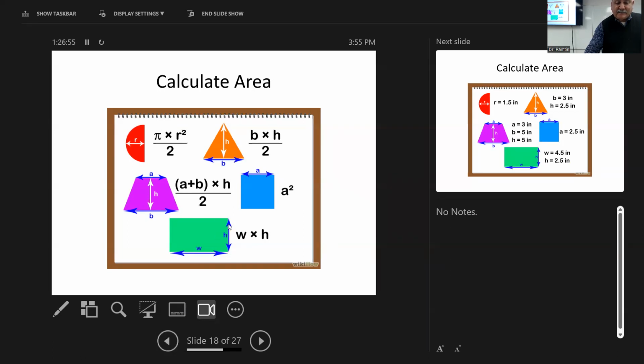Rectangle is basically the same thing, but because the sides are different, here I'm getting w by h. The area of the trapezoid: add this side plus this side, times the height, divided by 2. Some of these you have to memorize.